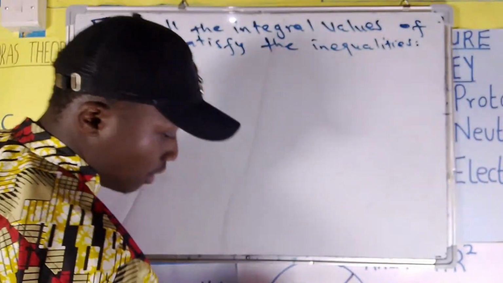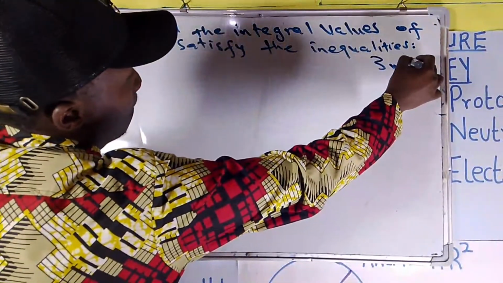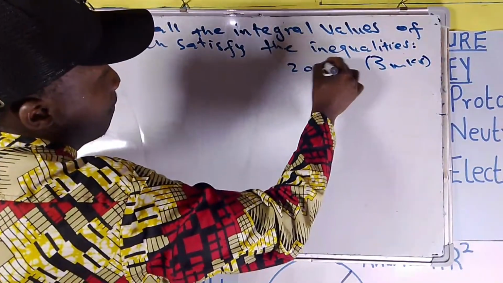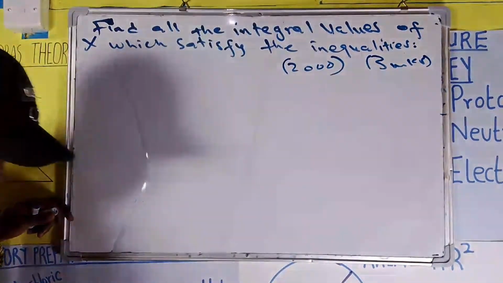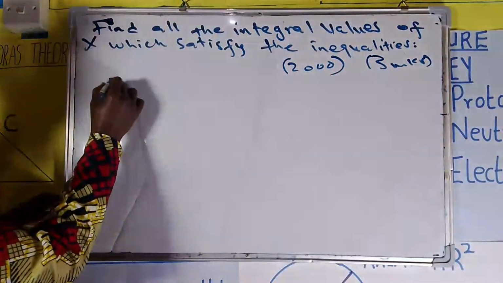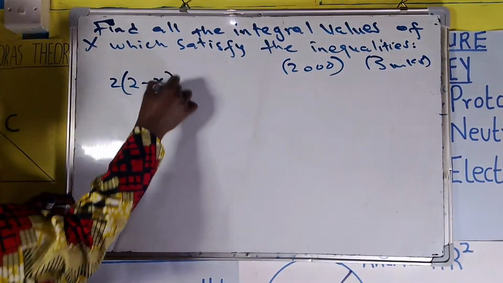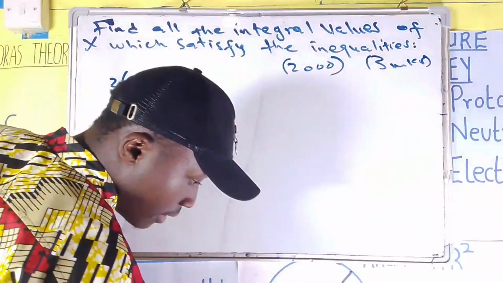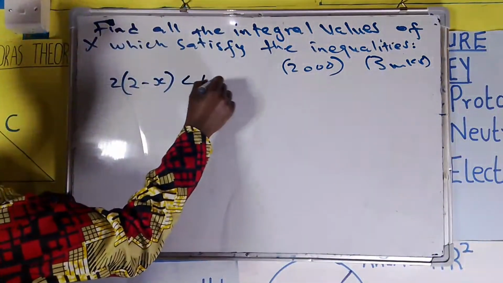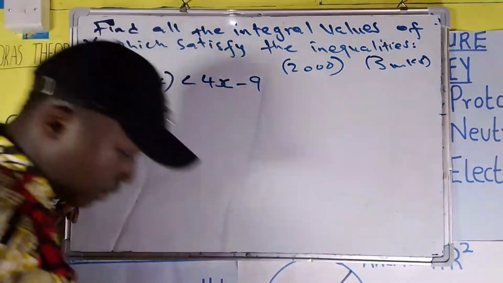This was done in the year 2000. 2 into bracket 2 minus x is less than 4x minus 9 is less than x plus 11.